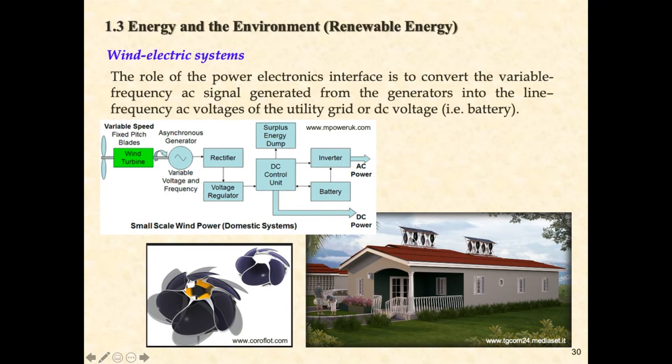This is the vertical windmill, right? Or this is also another product with a similar purpose. On top are the PV panels, and then there is also a small windmill. So the energy can be collected during the daytime or nighttime.